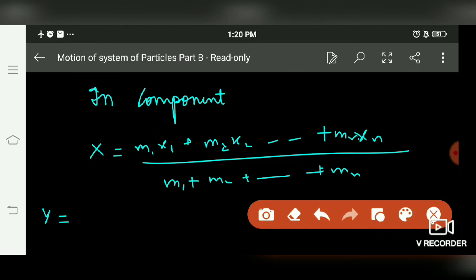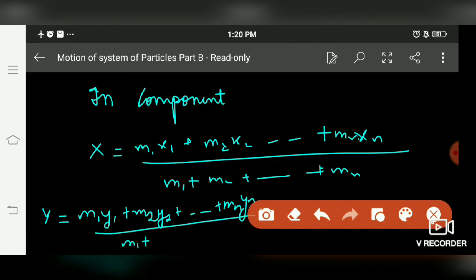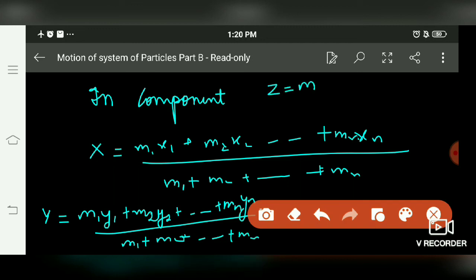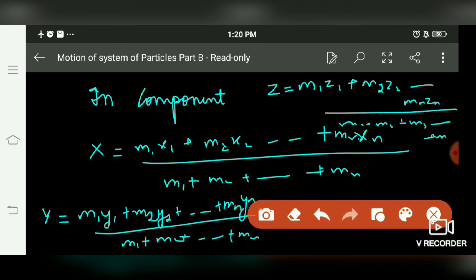Similarly, y can be written as m1 y1 plus m2 y2, and so on up to mn yn, divided by m1 plus m2 plus so on up to mn. Z is equal to m1 z1 plus m2 z2, and so on up to mn zn, whole divided by m1 plus m2 plus m3, and so on up to mn. So this is the component form of the position vector.